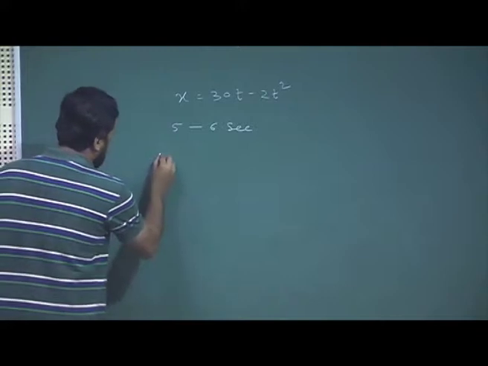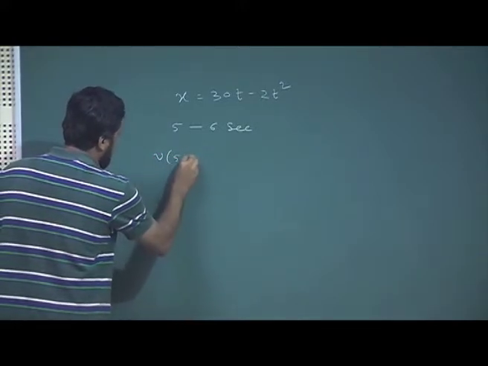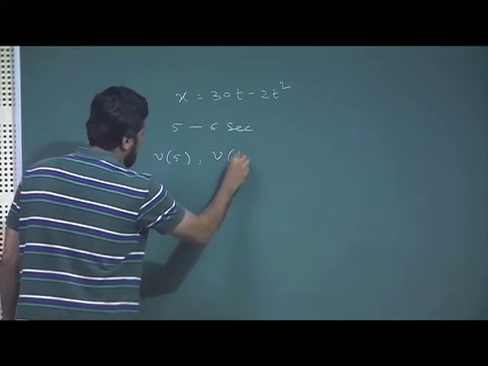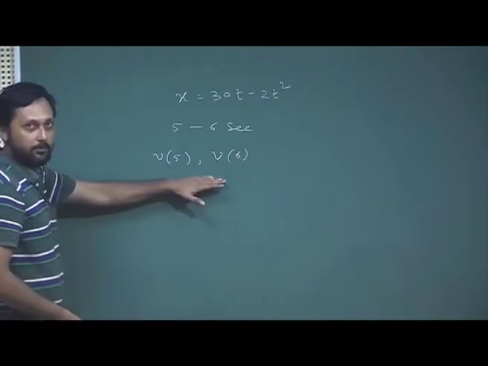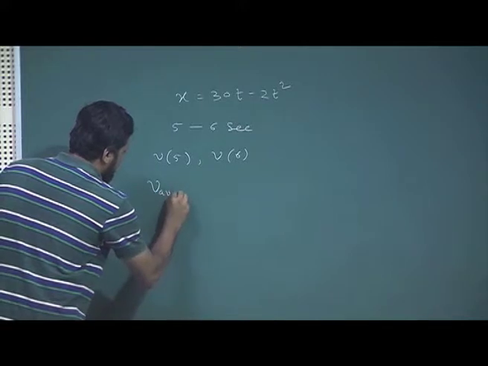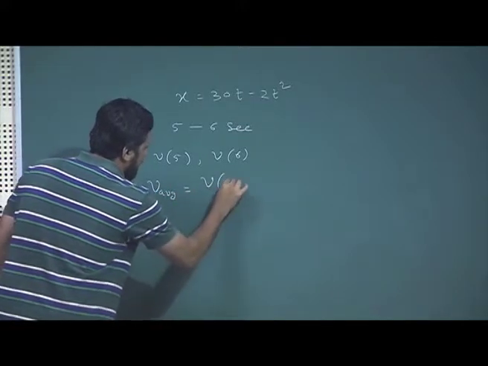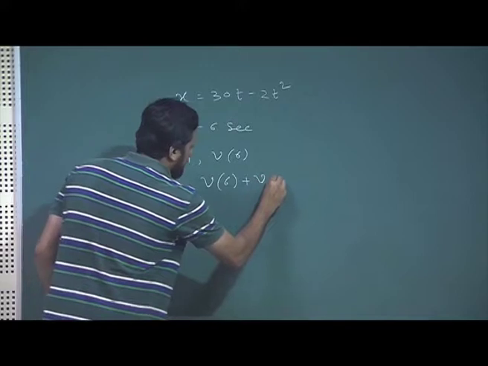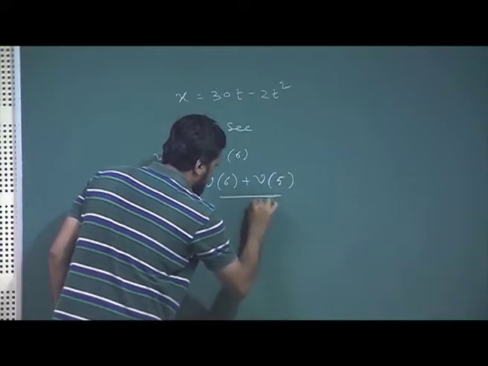So, what we did was we calculated V5, we calculated V6, and by mistake I took the difference of these two. It will be simply V average equal to V6 plus V5 divided by 2.